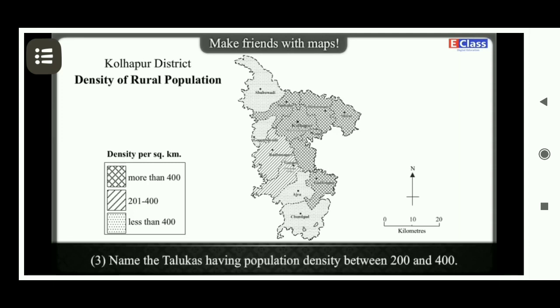Name the talukas having population density between 200 and 400. Name the talukas with population density more than 400. In which direction are the talukas having higher density of population located in the district? Which method has been used in preparing this map?